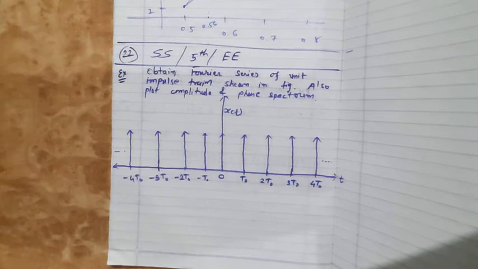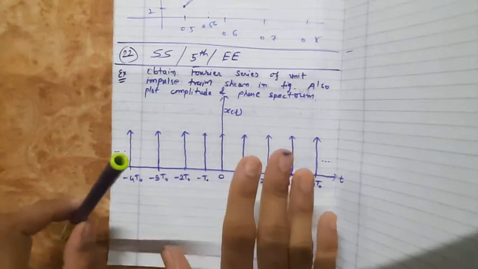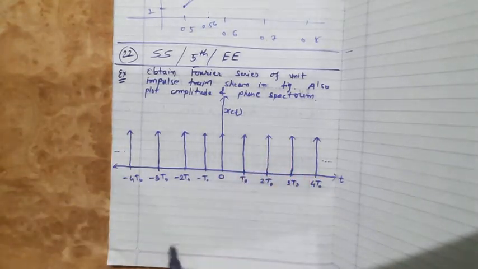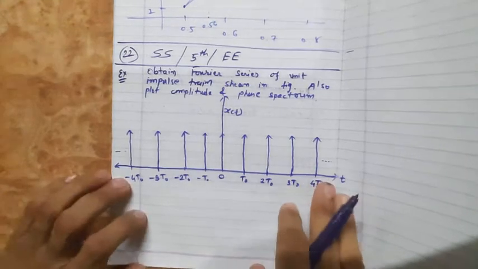So if they ask you this kind of example, what do you have to do? First let's try to calculate this example, then we will understand how to proceed further.